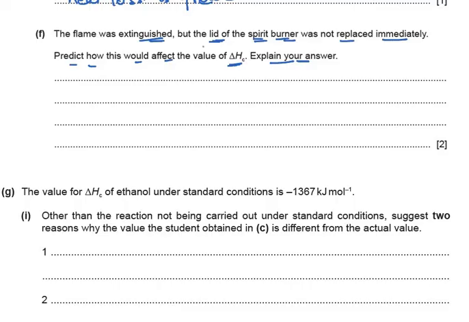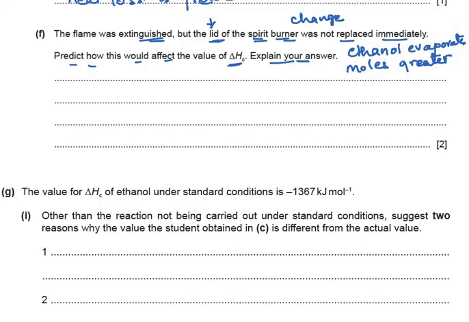Now, if we don't cover the lid on the spirit burner, then there are chances that some ethanol may still evaporate out. Now, if some ethanol has still evaporated out, then the change in the mass which we calculated will be greater, and because of that the moles which we calculate for the ethanol will be greater than the moles of ethanol used. Moles of ethanol will be calculated greater than what was actually used.